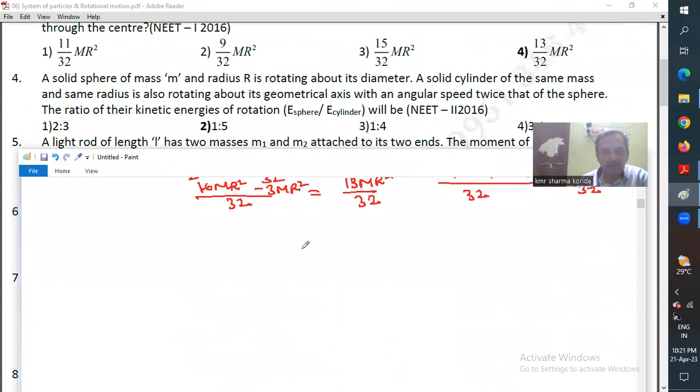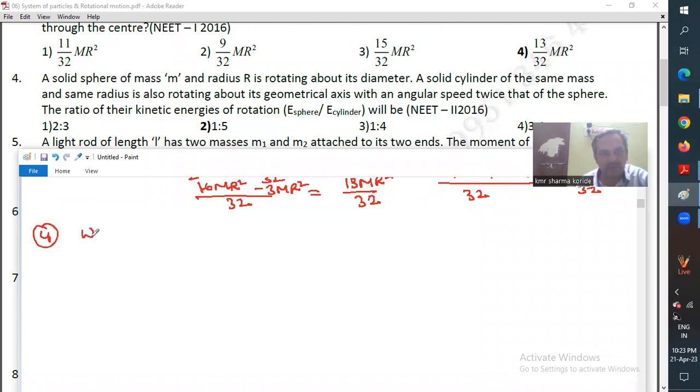Moving to the next question. Question number 4. A solid sphere of mass m and radius capital R is rotating about its diameter. A solid cylinder of the same mass and same radius is also rotating about its geometrical axis with an angular speed twice that of the sphere.